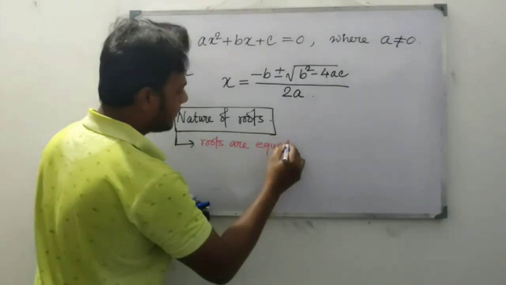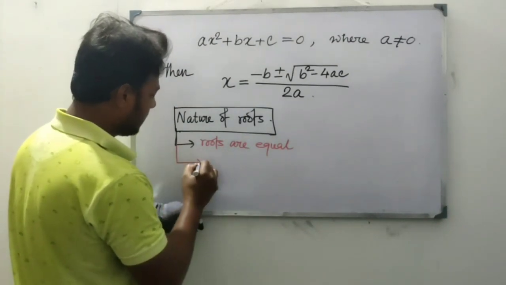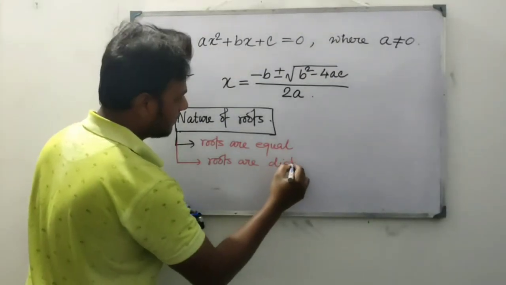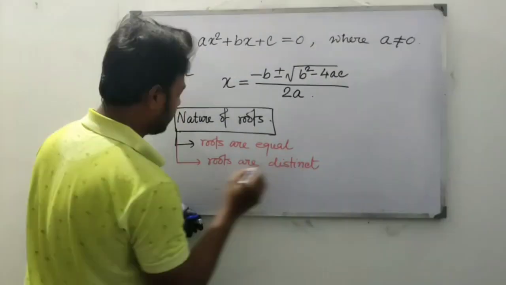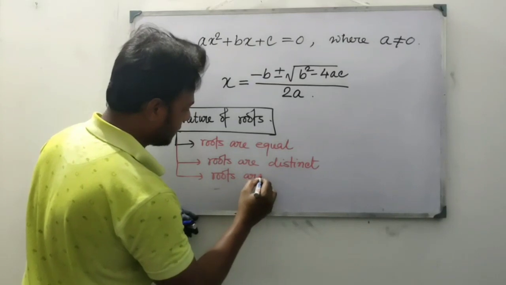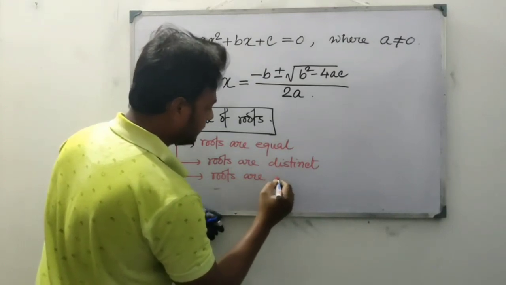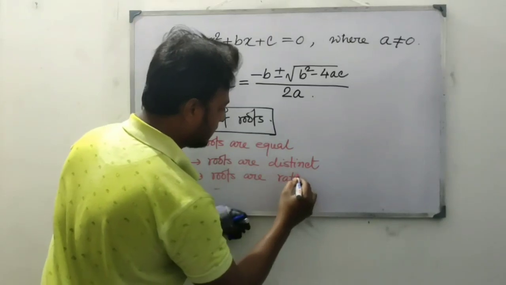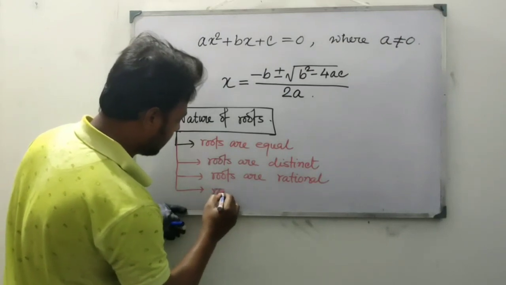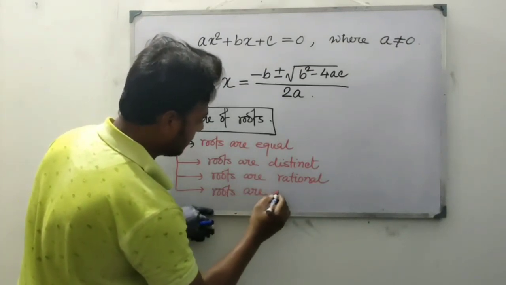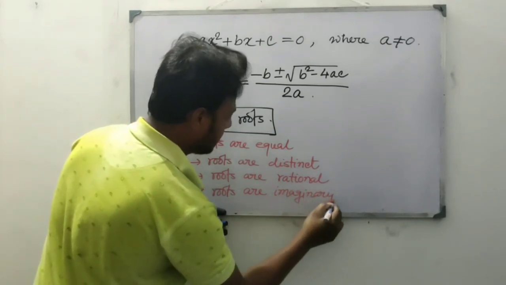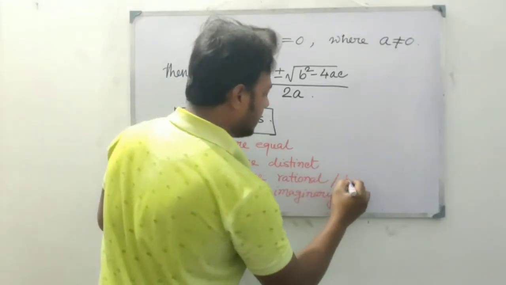Understood? So we have to check this nature of the roots. First thing, we have to check whether roots are equal, roots are distinct, roots are rational, roots are imaginary, rational or irrational.